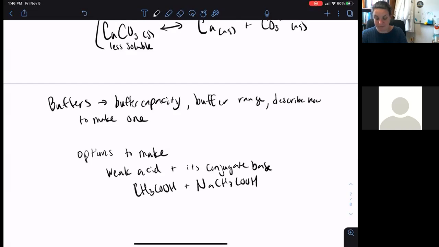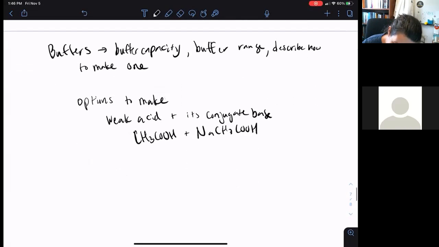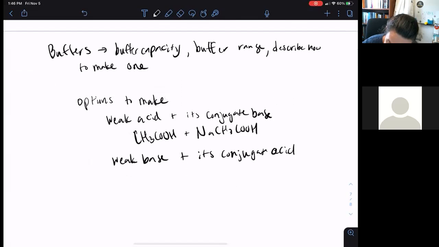So something like that. And then we have a weak base plus its conjugate acid. Always hard to remember weak bases.